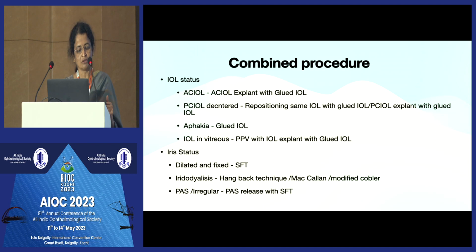And to add spice on your table is a DM detachment. So for iris status, if it is only dilated and fixed, then you can consider doing a single pass pupilloplasty. If it is an iridodialysis, you can repair it with whatever technique you are comfortable with. And if you have PS with an irregular pupil, you release the PS and then combine with your SFT.